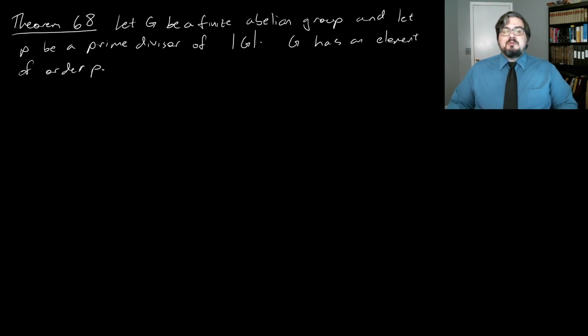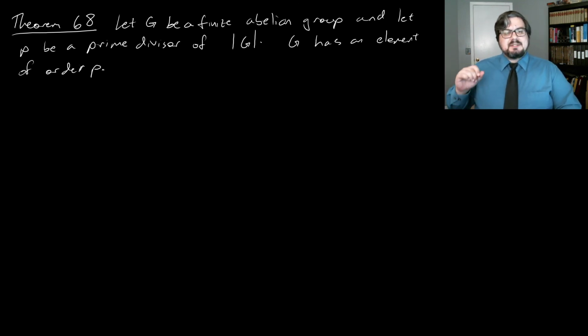If I've got some abelian group G, and let's say that it has order 120, it's got 120 elements in it, well, I need a prime. I know that 5 is a prime divisor of 120. What this says is that given any abelian group of order 120, there always exists an element of order 5.